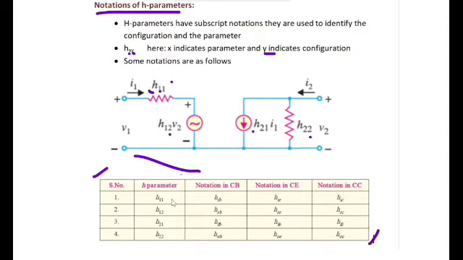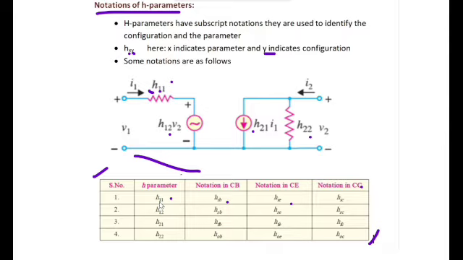If it is h11, then the notation in CB configuration is hib, in common emitter configuration hie, and in CC, that is common collector configuration, it is hic.